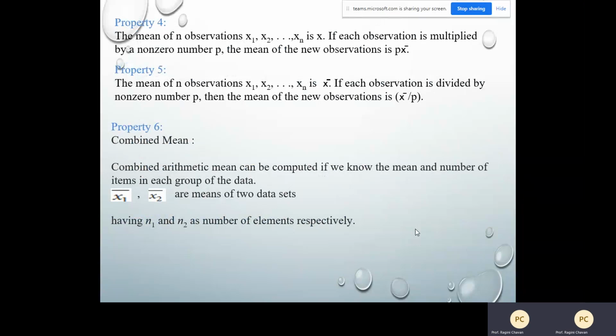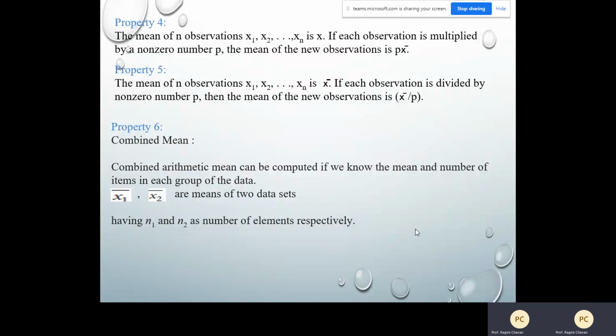If each observation is divided by non-zero number p, then mean of new observation is coming x bar by p. So the same way like property 2 and 3, here in property 4 and 5, in the fourth property we are multiplying by non-zero number p, and in property 5 x bar, that is mean, is divided by non-zero number p. So it is also changing the value of mean.